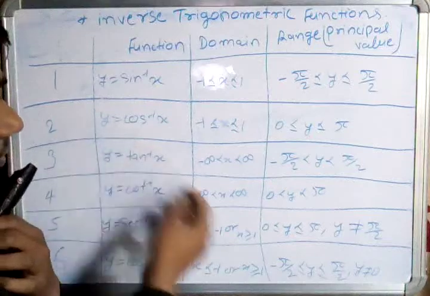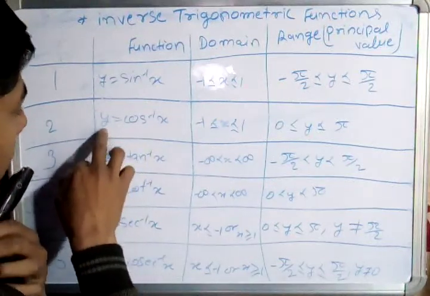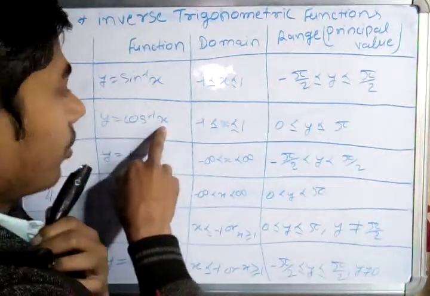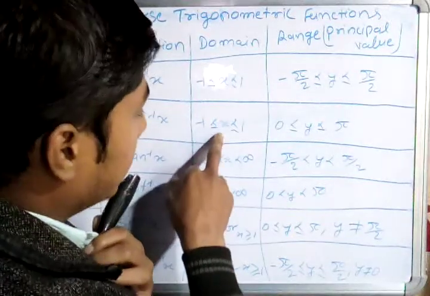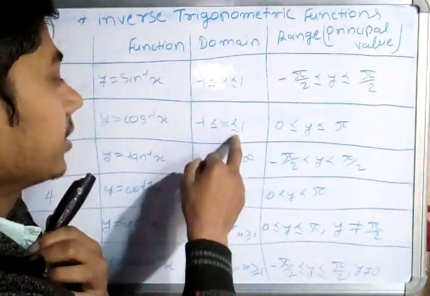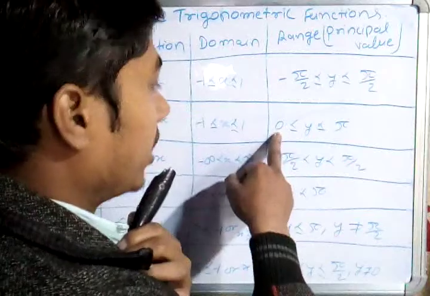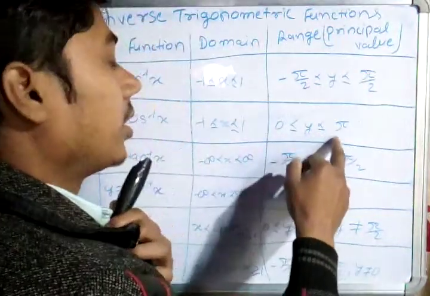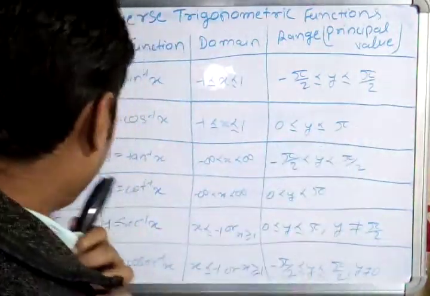Same for the function y is equal to cos inverse x: minus 1 less than or equal to x less than or equal to 1, and 0 less than or equal to y less than or equal to pi.